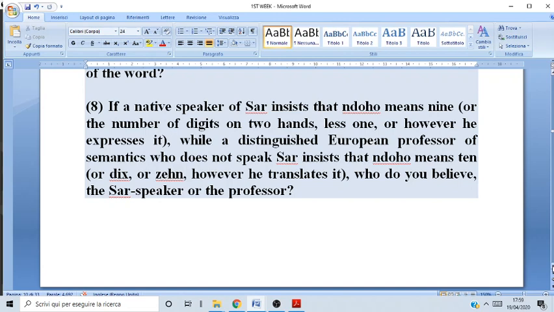If a native speaker of Sar insists that ndoho means 9, or the number of digits on two hands less 1, or however he expresses it, while a distinguished European professor of semantics who does not speak Sar insists that ndoho means 10, or zehn, however he translates it, who do you believe, the Sar speaker or the professor?